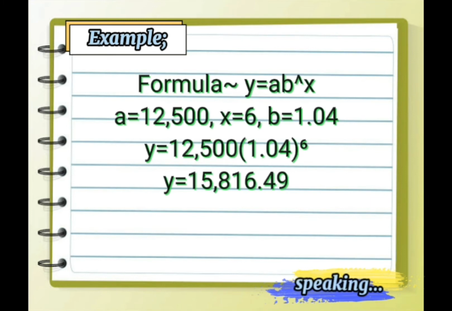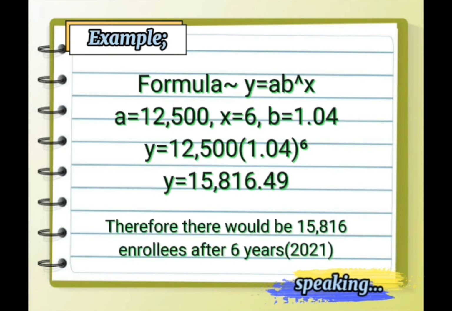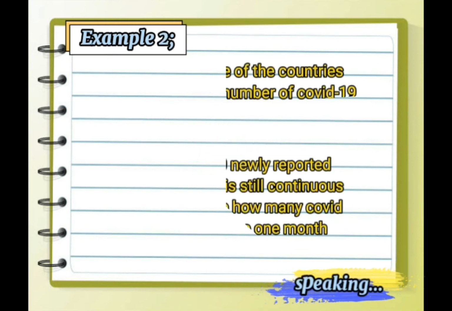Then compute 1.04 raised to 6 and multiply it by 12,500. So, the final answer is y equals 15,816.49. Therefore, there would be 15,816 enrollees after 6 years.